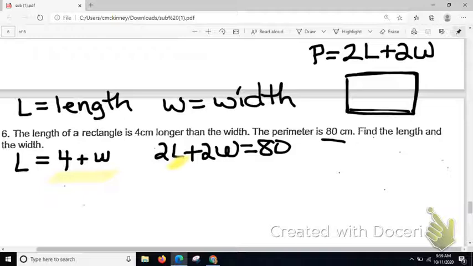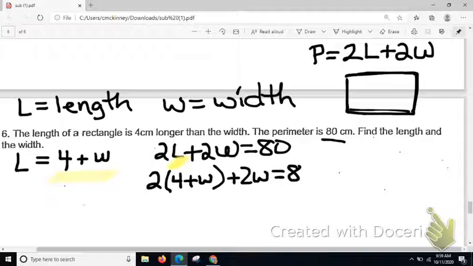So I'm going to rewrite that second equation about perimeter, except that where the L is, I'm going to put 4 plus W inside some parentheses, so that when I take it times 2, I take the entire thing times 2. And now I'm going to solve this, and it's going to allow me to find my width.